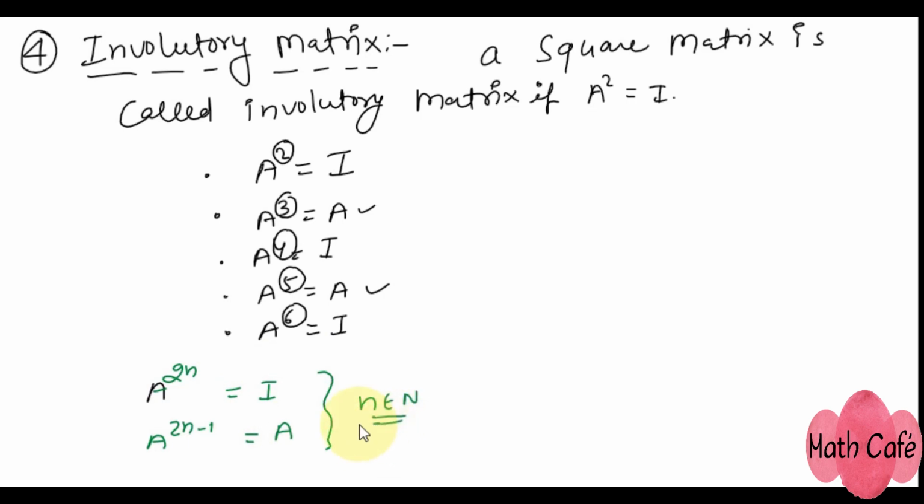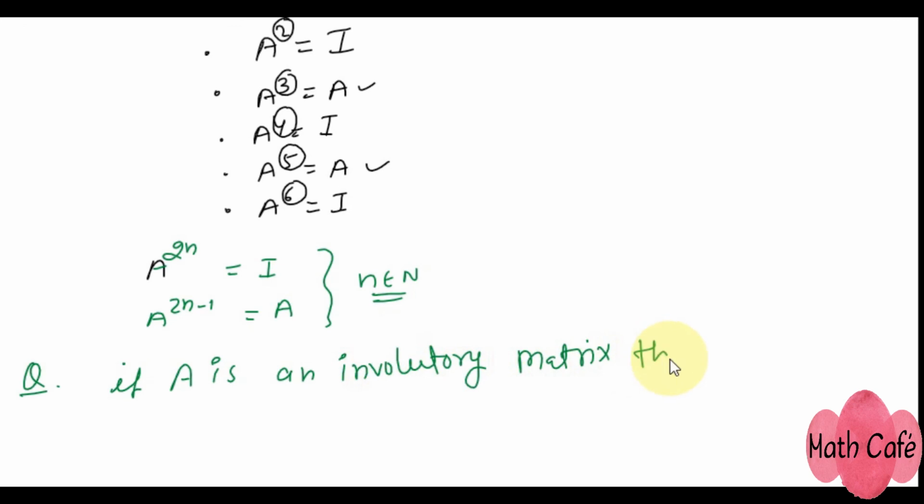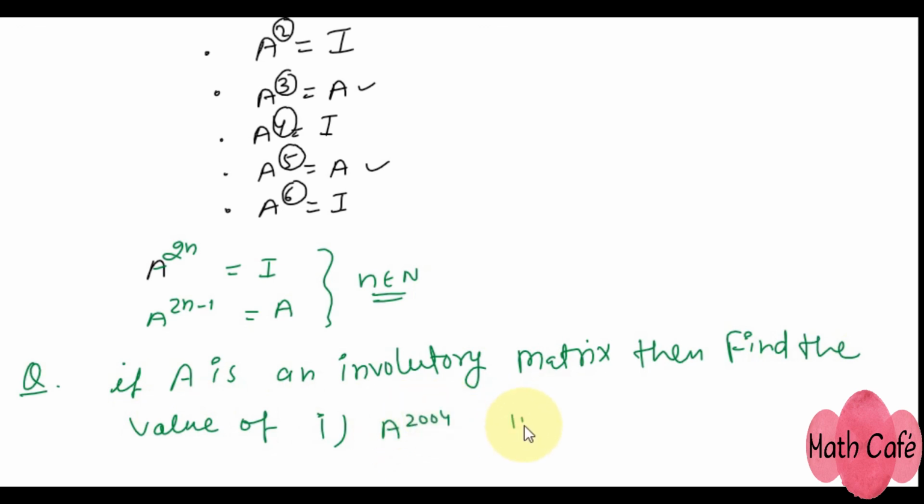Alright, so let's see a question here. If it is given in the question that A is an involutory matrix, then find the value of: first one is A raised to 2004, and in the second part we need to find the value of A raised to 4007.